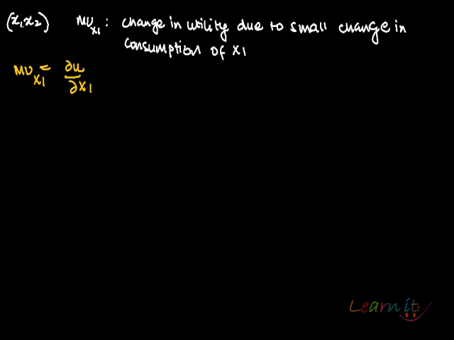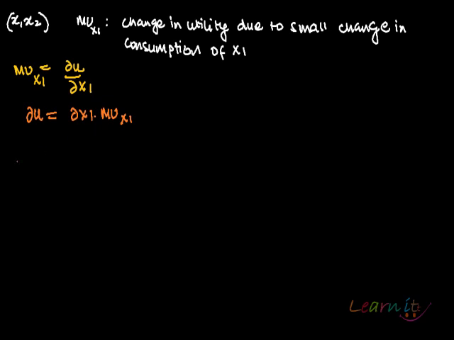Well, to calculate the change in utility associated with the change in consumption of good 1, what do you need to do? You can write that del U would be equal to del X1 times MU X1. So you just multiply the change in consumption with the marginal utility of that particular good.